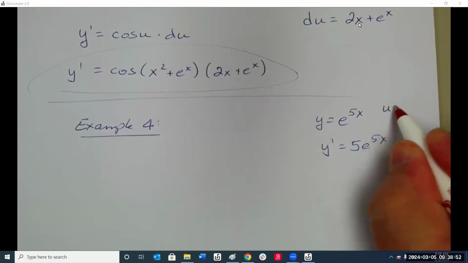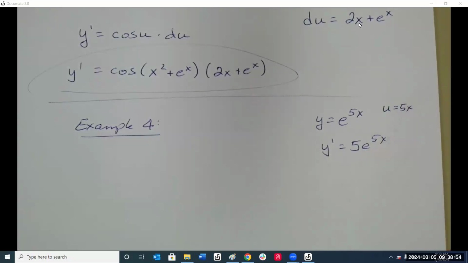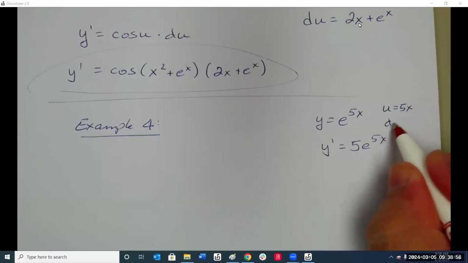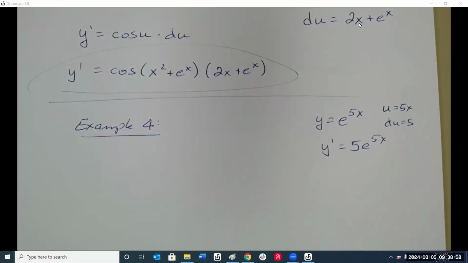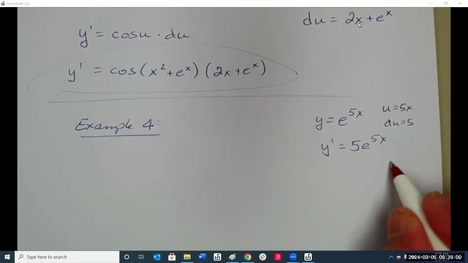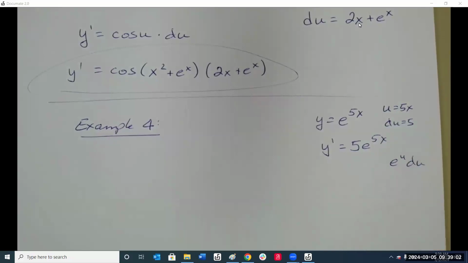Because u is the 5x, du is 5. So we have e to the u du. That's the derivative.